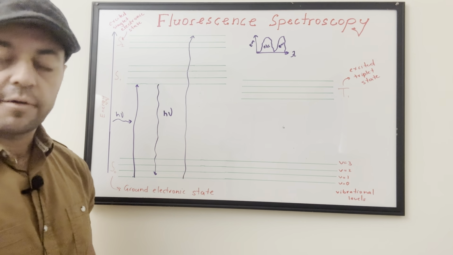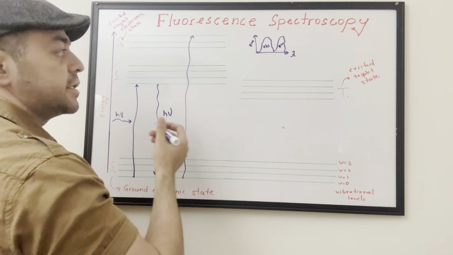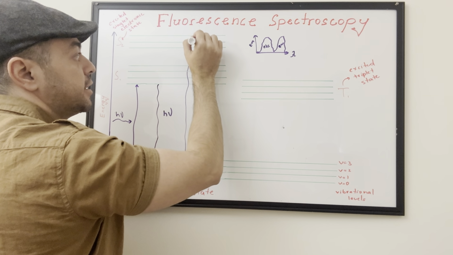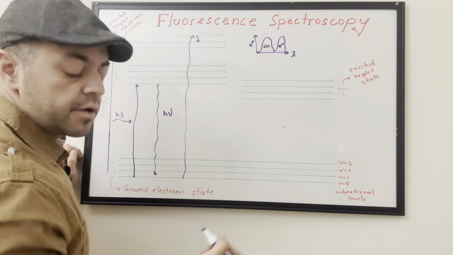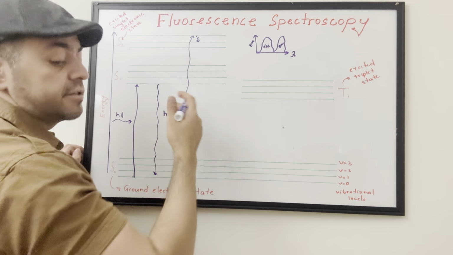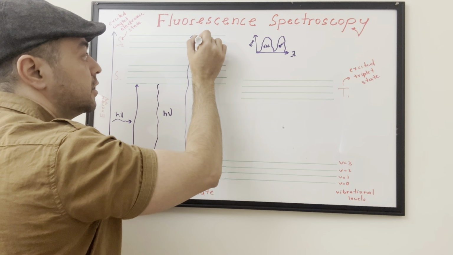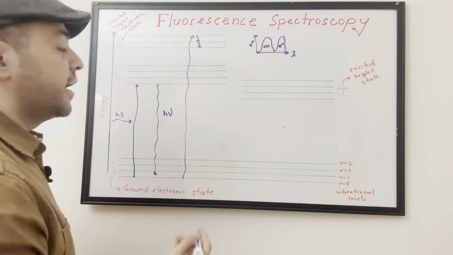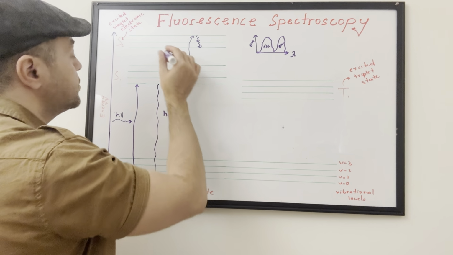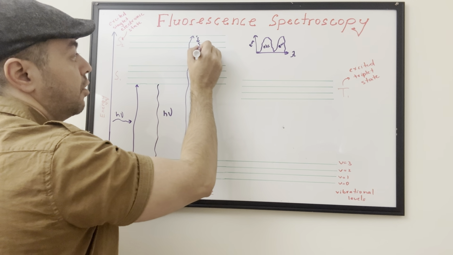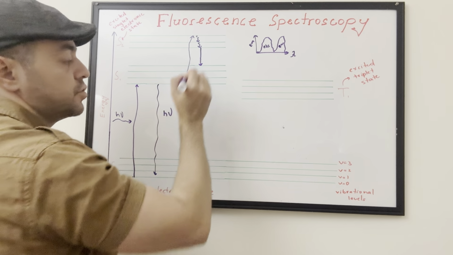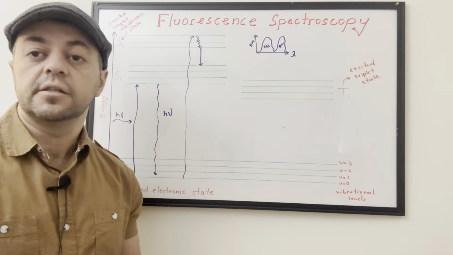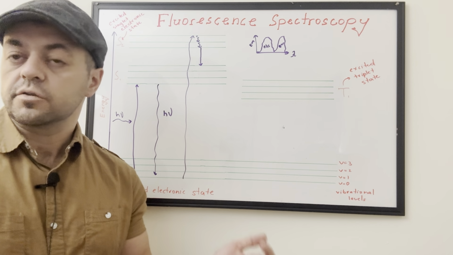In that scenario, first the molecule undergoes vibrational relaxation, where there is no light, and it only releases the energy in terms of heat, and then it goes from S2 all the way to S1. And it's still not, you don't see any light, any fluorescence or emission.